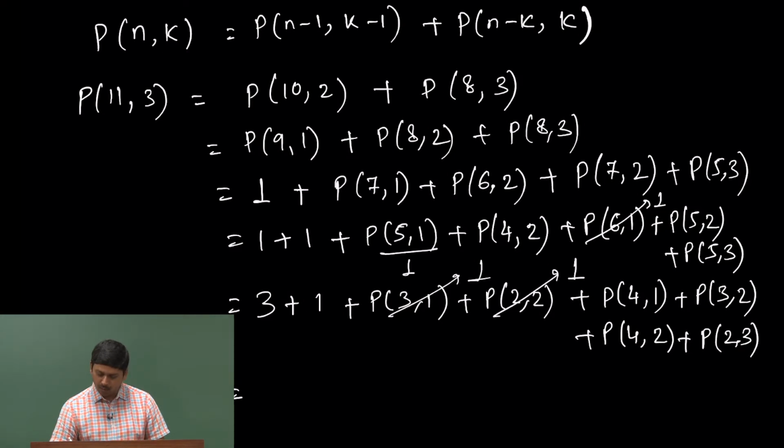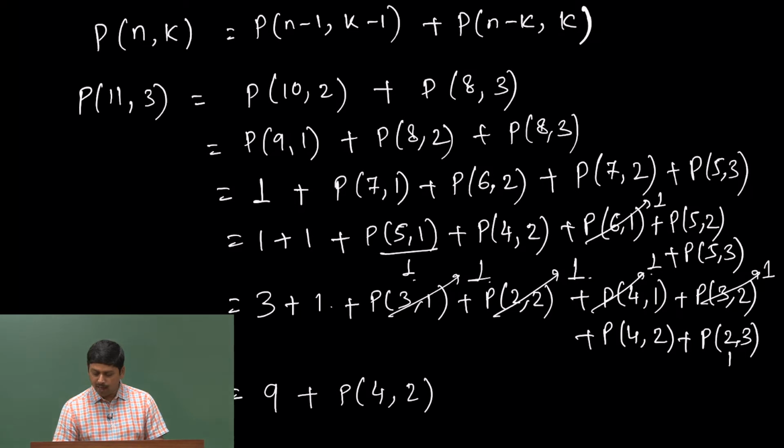So, this also gives me 1, P 4 1 also will give me 1, P 3 2, dividing 3 into 2 parts, only one possible way, 1 and 2, that also will give me 1. So, now I have 3 plus 1 is 4, plus 1 is 5, 6, 7, 8, 9, I got already 9 there, plus I have to still break P 4 2 and P 2 3.